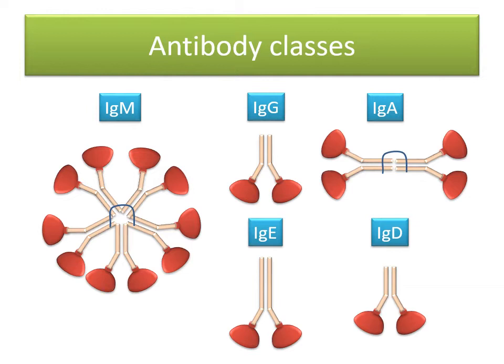There's also IgE. IgE helps protect us against parasites, but it's probably more known for its role in allergy, and IgE is therefore the antibody that can cause allergy. And then finally, there's IgD, which has really not been all that well studied yet. We're just starting to learn about IgD, and we won't talk about it in this video.